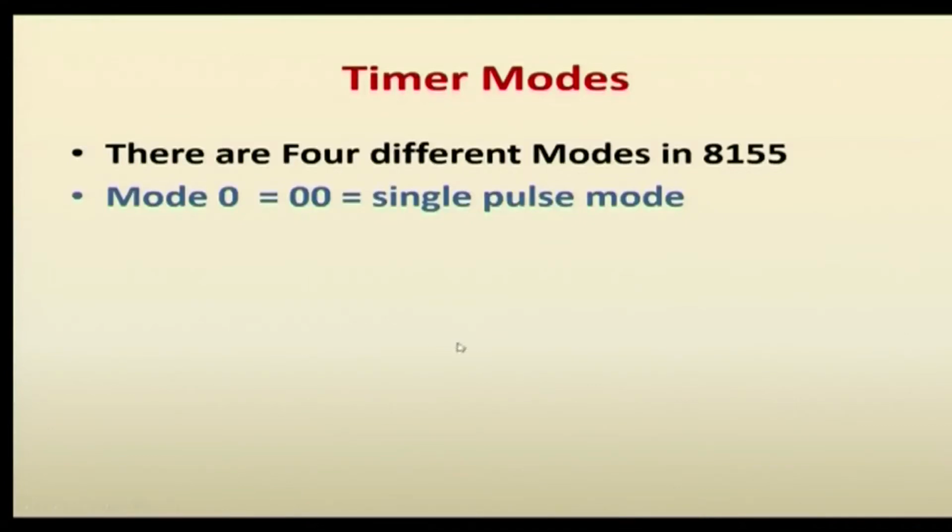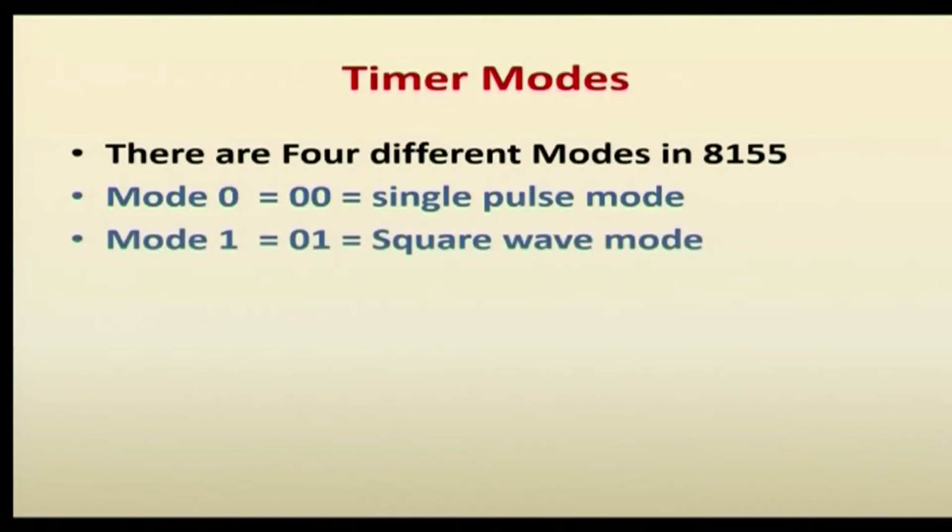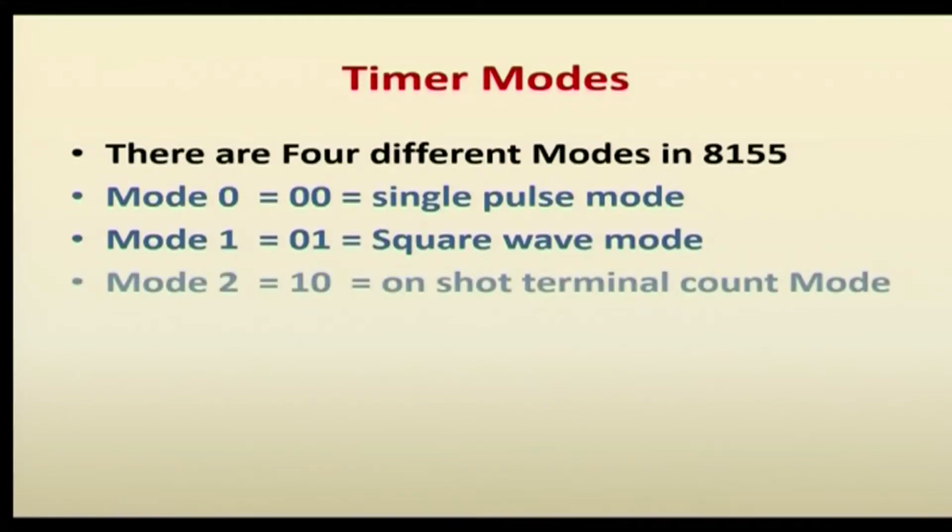So, there are 4 modes of operation in the 8155. Mode 0 is a simple pulse mode or single pulse mode, it generates only a single pulse. Mode 1 is activated by writing the value 01, which is a square wave mode, where repeated pulses will be generated. Mode 2 is activated by using 10, this is one shot terminal count mode.